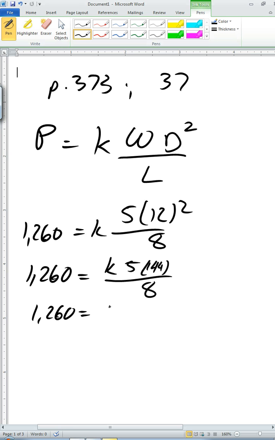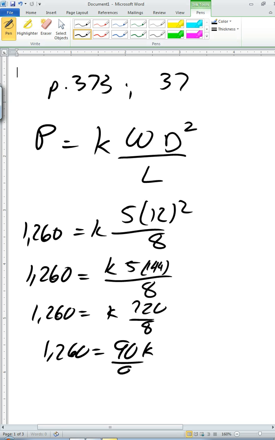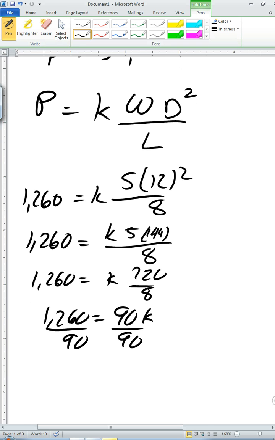So we have K times 720 over 8. And I bet if I divide that out, I'm going to get 9 for an answer. Yeah, that's what I said, 9. So I get 1,260 equals 90K. And then, of course, we divide each side by 90 to get our answer. So I got 1,260 divided by 90. And what do I get? 14. Cool. All right. Nice numbers to work with here. So I get K equal to a value of 14.